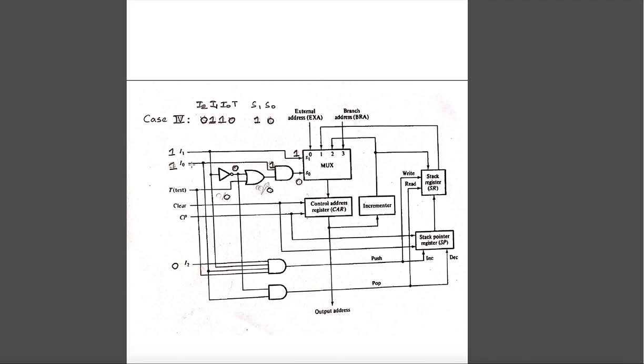If it is 1 here, for I0, one of the inputs to the AND gate will be 1, and the other input to the AND gate is the complement of 1, which is 0. Test here is 0, so 0 plus 0 is nothing but 0. If one of the inputs is 0, then the output of the AND gate will also be 0. So here also it is 1 0, its decimal equivalent is nothing but 2. So this operation will also go to an increment operation.